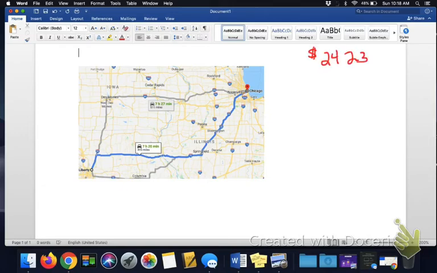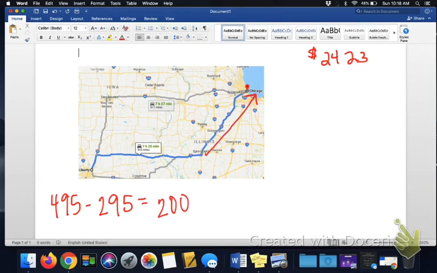So $24.23 was the first amount, but now we have to go from Springfield to Chicago. Well, it was 495 miles total, minus the 295 we've driven. We still have 200 miles left to go. So we're going to repeat that same process. Remember, we took miles driven and we divided it by our miles per gallon.